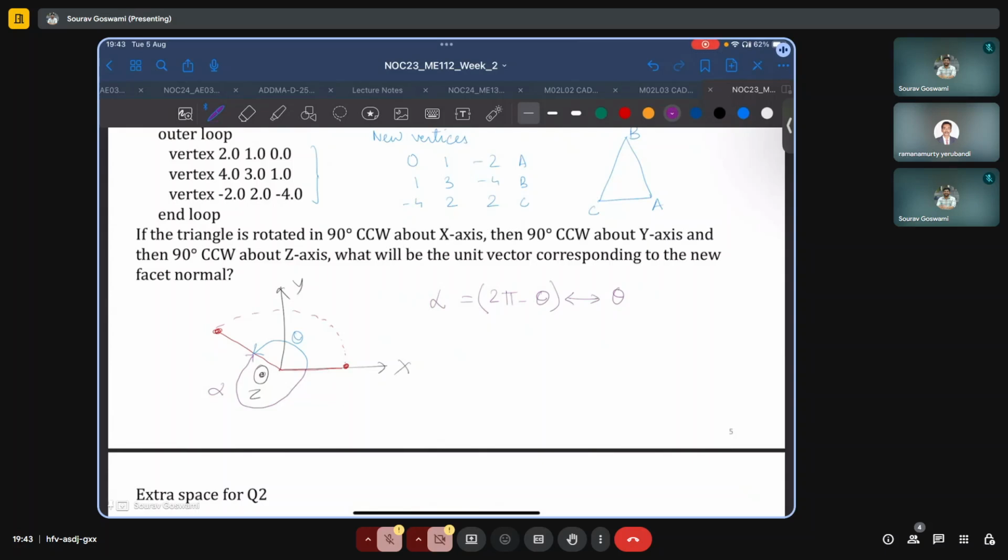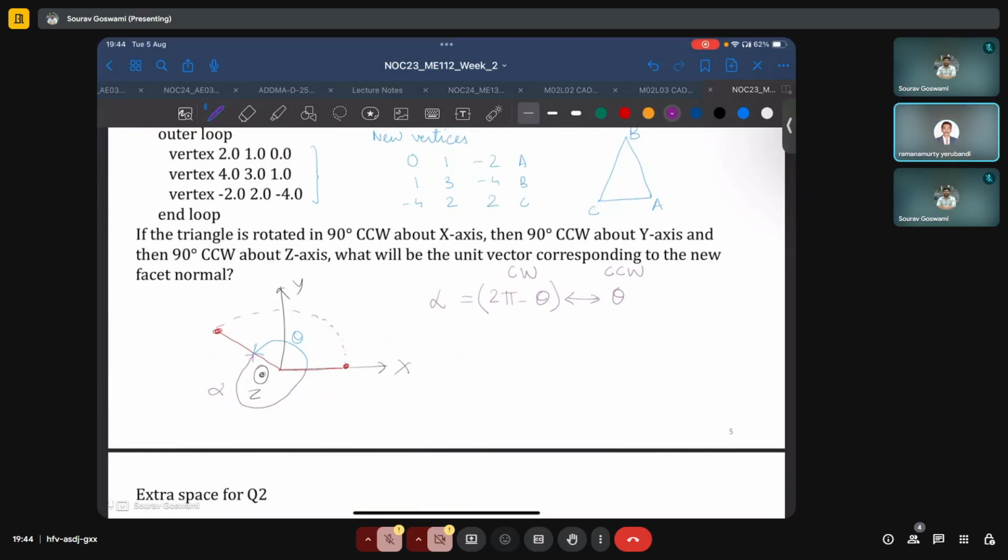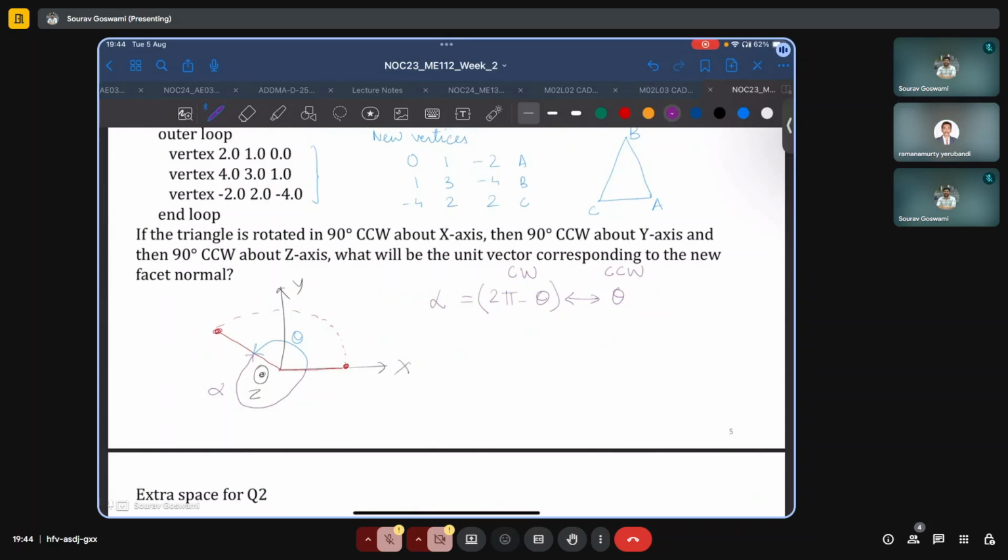That is the only distinction. Shall we put minus theta? Because of the properties of sine and cosine, it will work out to be the same as minus theta or 2 pi minus theta because the periodicity is 2 pi. So the end result will be equivalent. But the way to understand it mathematically is that it's a rotation of 2 pi minus theta in the counterclockwise direction.